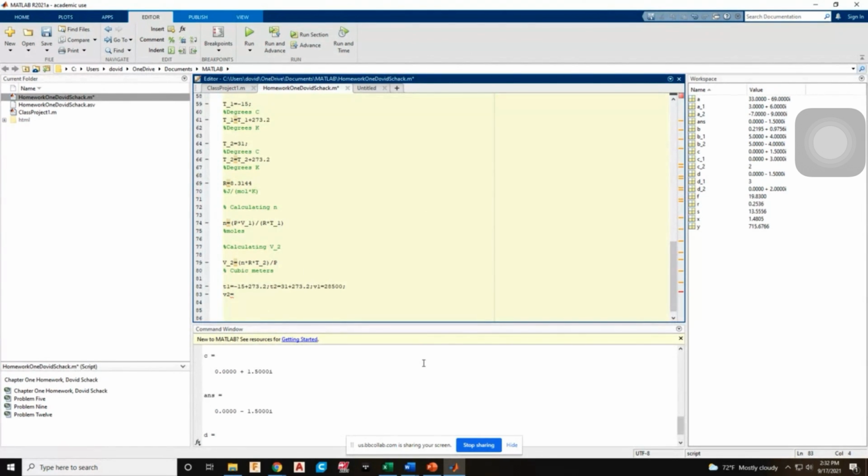Now the percent means it's a comment, because you cannot write units in MATLAB. I mean, you can have them in sentences, but not in calculations. V2 equals T2 over T1 times V1. And again, semicolon.